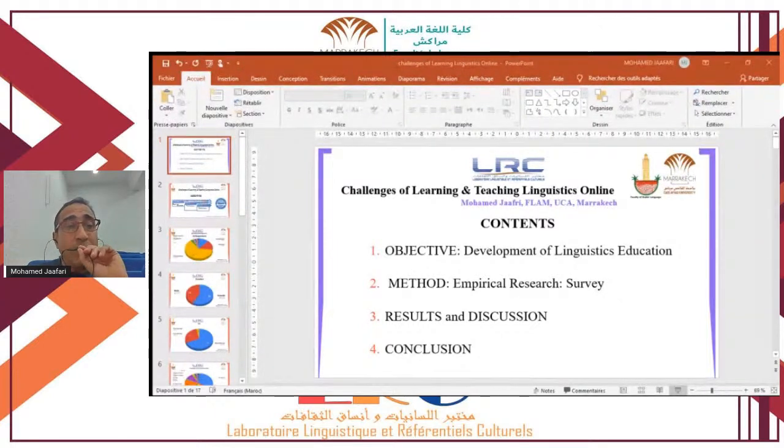Concerning the question, rate your skills using educational technology, namely designing, processing, and evaluation tools. The majority of the respondents rated their level in these skills, educational technology, as low to intermediate. It means fair.